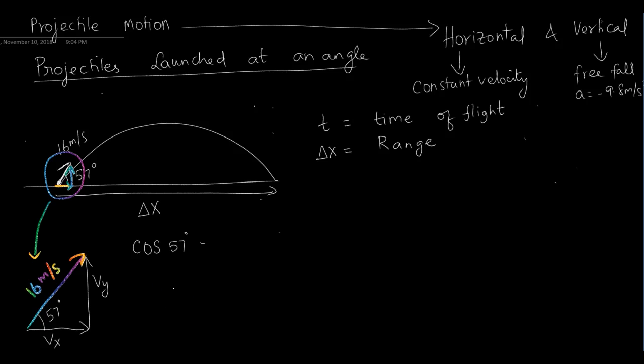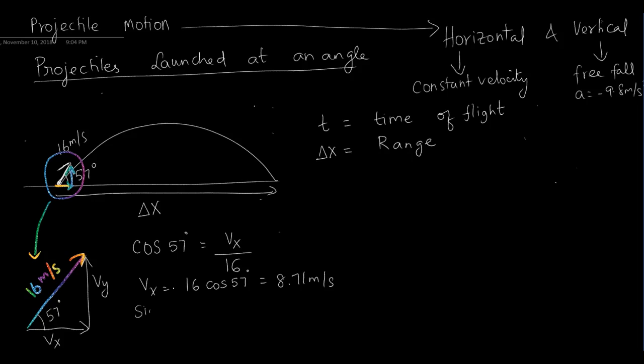Cosine 57 is adjacent over hypotenuse, so Vx over 16, and multiplying both sides by 16, we know that Vx will be 16 cosine 57, and make sure your calculator is in degree mode when you do these calculations. So 16 cosine 57 is 8.71 meters per second. This is the horizontal speed.